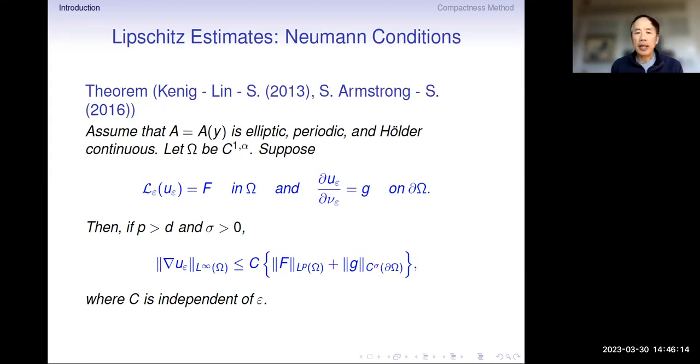It takes some time to actually prove the Lipschitz estimate for the Neumann condition. Here is a theorem I did with Carlos Kenig and Fanghua Lin more than 10 years ago. There are two papers. The second paper I had with Scott Armstrong extends the first paper in two different directions.